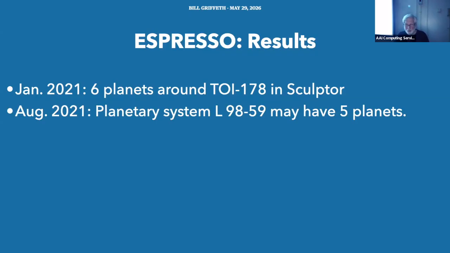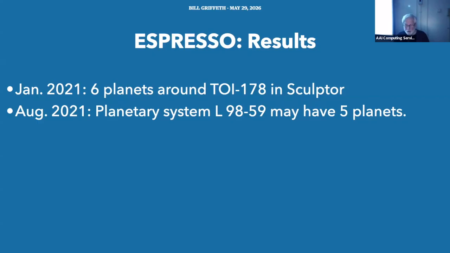The 5 outer planets around TOI 178 orbit in resonance, while the second closest planet goes around the star 18 times, the third planet goes around 9 times, the fourth planet 6 times, and the other planets, fourth and fifth, 4 times and 3 times. So these are all synchronized, unlike in our solar system.